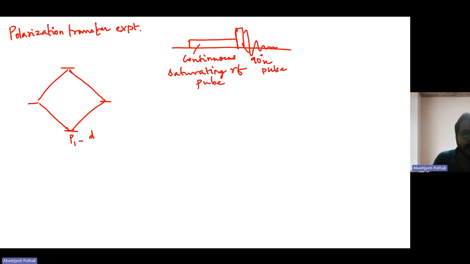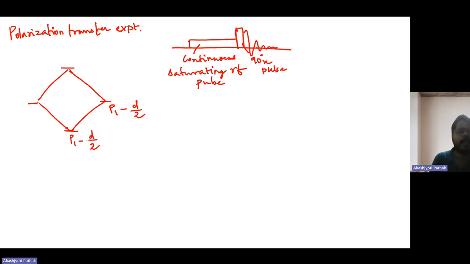So there is a redistribution of the population of the nuclei between these two energy states. The population in this lower energy state reduces by D by 2, if the total population difference was D. Then here it will be P1 minus D by 2.